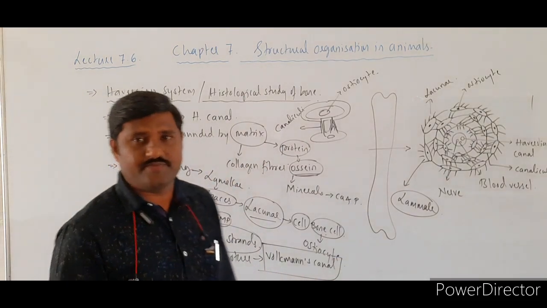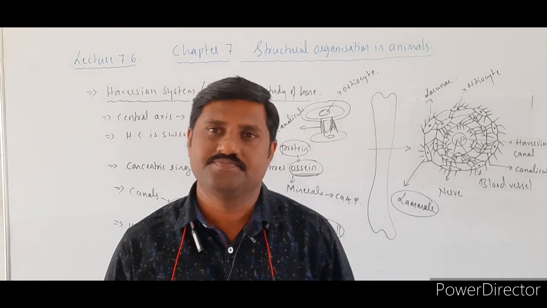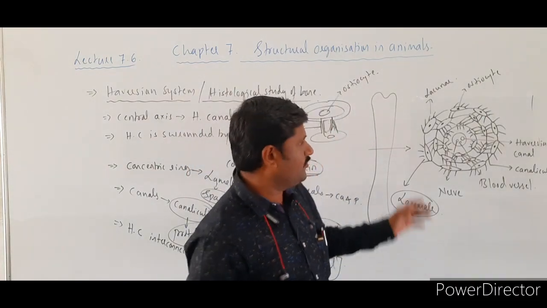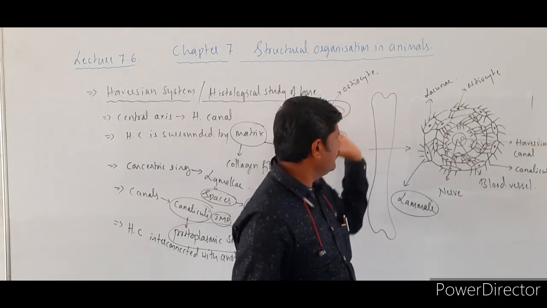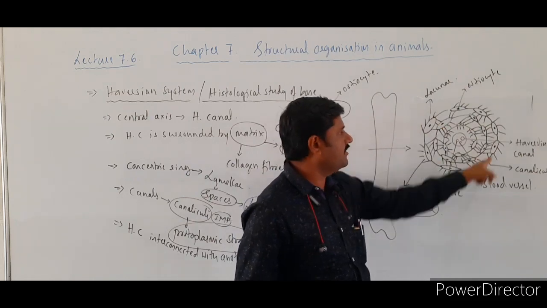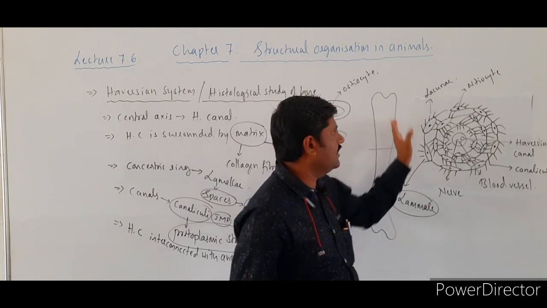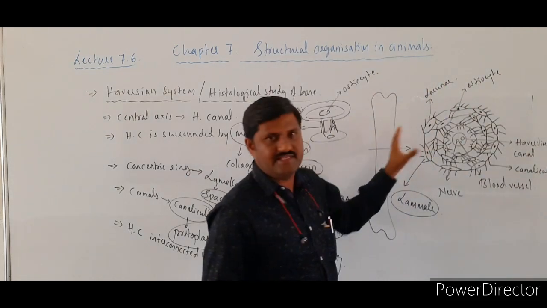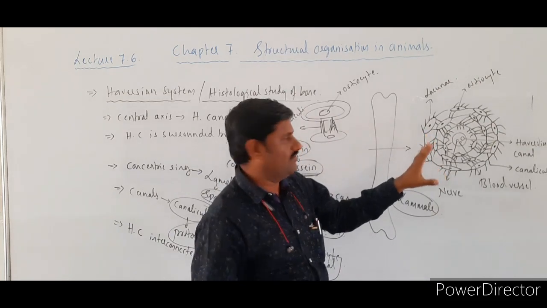So through that what happens? The blood vessels are interconnected between the Haversian systems, right? And one more point to be noted, this is the cross section that I am explaining. Whenever you take the cross section of the bone, here you will find this kind of structures, and many structures are arranged over here. So many structures are arranged over here as already I made you imagine, okay?